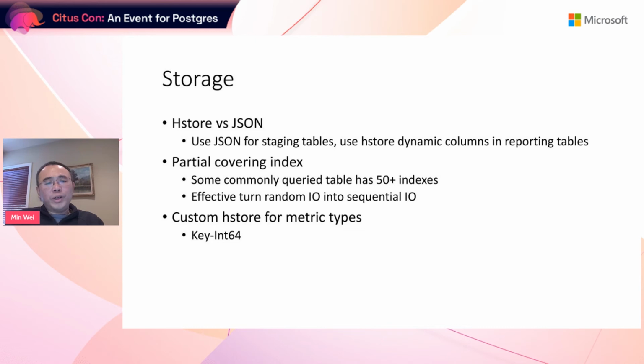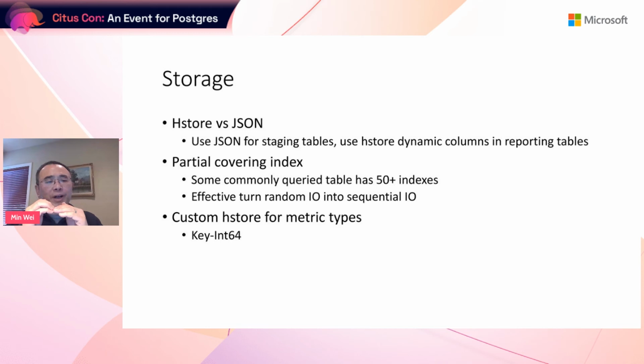For the reporting tables, because we are very high dimensional, I'm creating over 50 such indexes per table. So as you can see, we're overusing the storage space a bit to trade for query time.